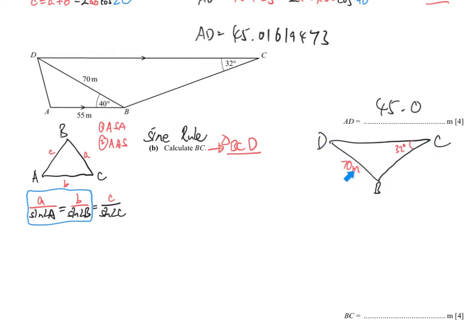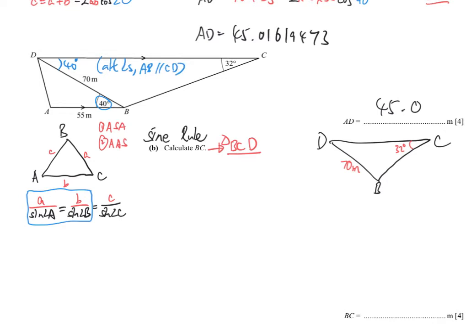You may think about whether AD is useful for this, but AD is here, so it seems not to be useful. But then you think about the parallel lines. These two are parallel, so you can move the 40 degrees to here using alternate angles, since AB is parallel to CD.